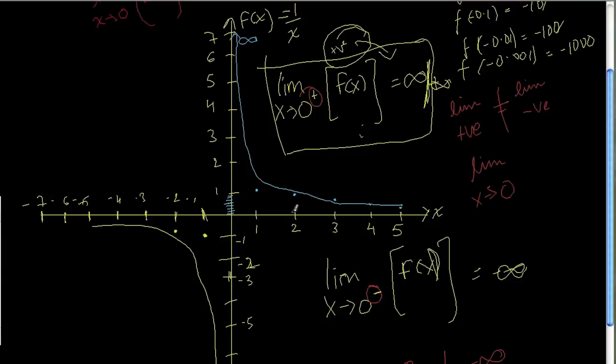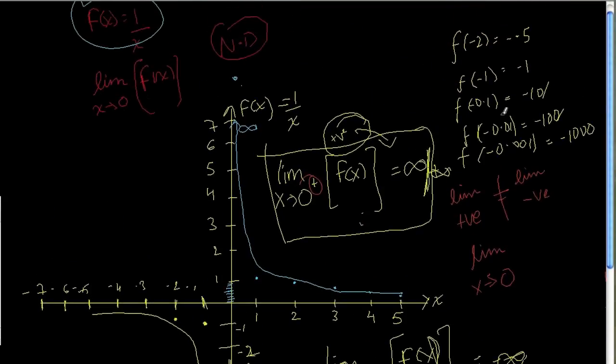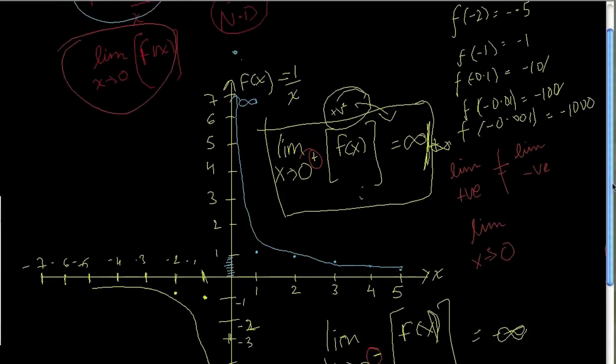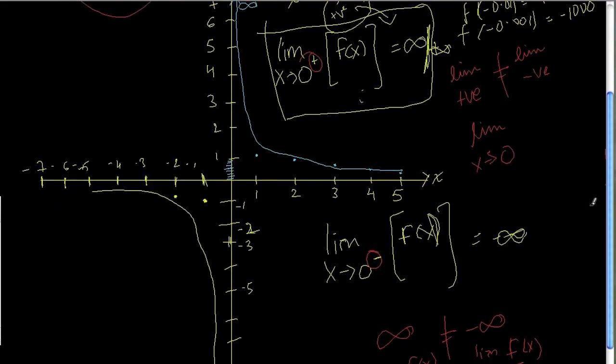The question in the previous video was, I have to find the limit as x approaches 0 of f of x. So we saw the limit from the positive and the negative. And when the limits are not equal, we say that the limit as x approaches whatever number, in this case 0, of f of x does not exist, because the limit is approaching two different things. It does not exist. So this is how we find limits from graphs.